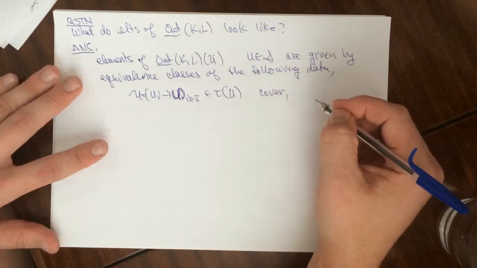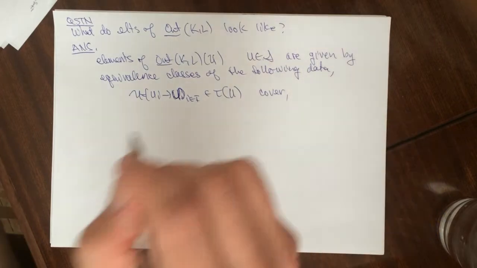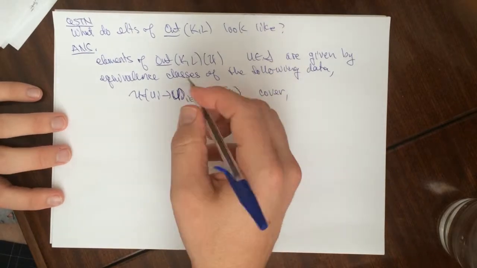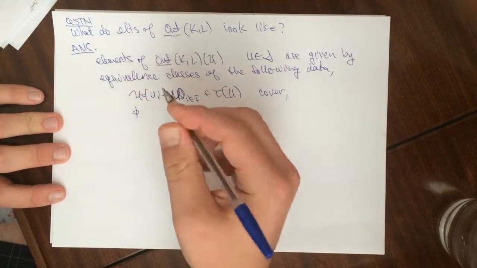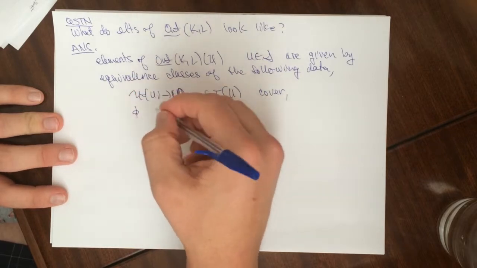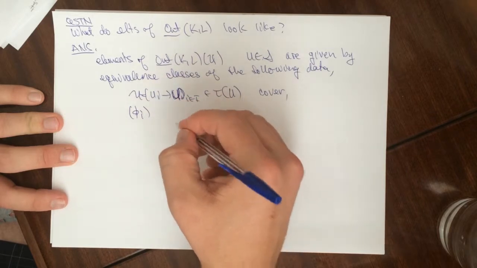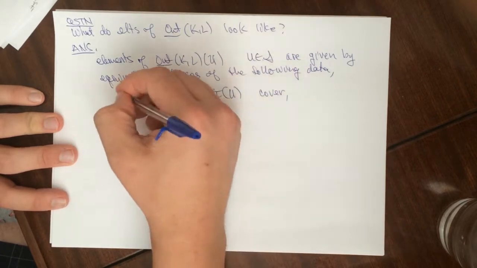Okay, and then what we're given is a collection of phi's, phi_i, so we're given this.